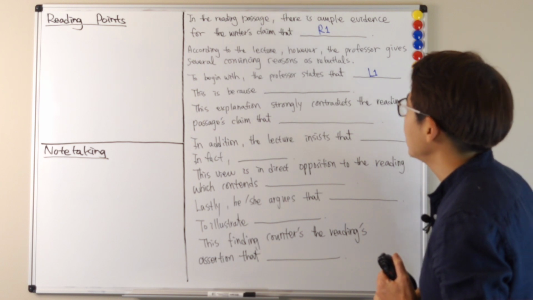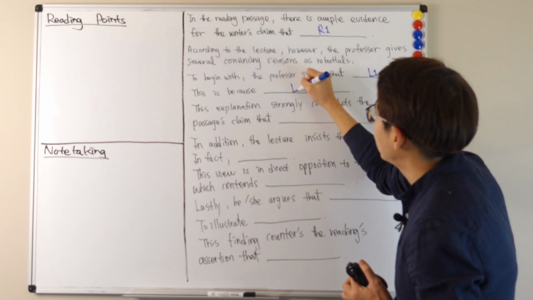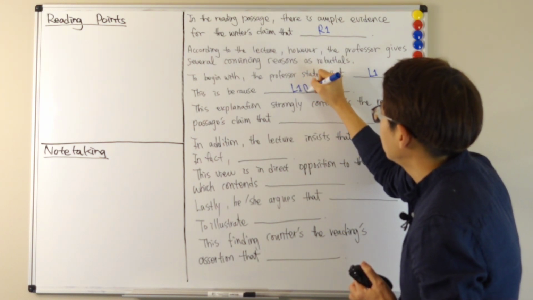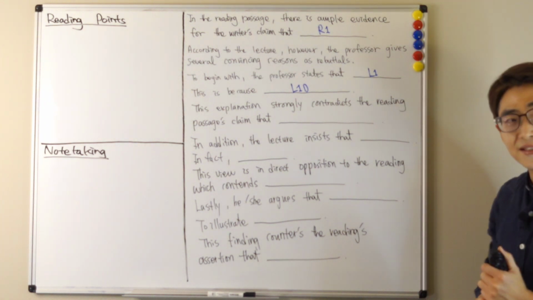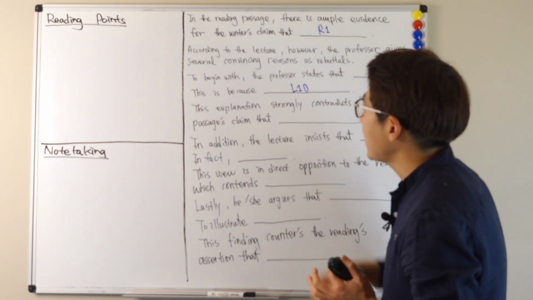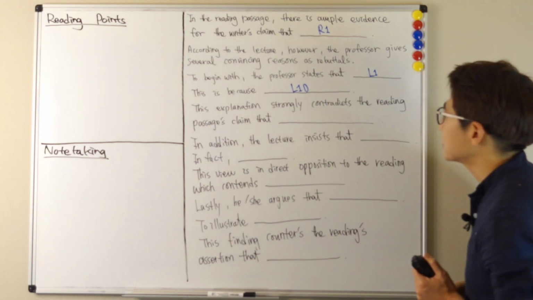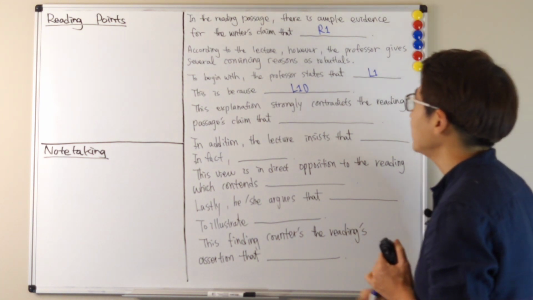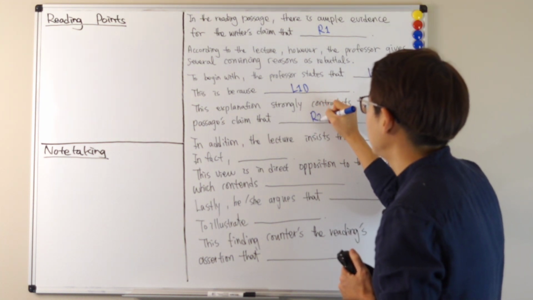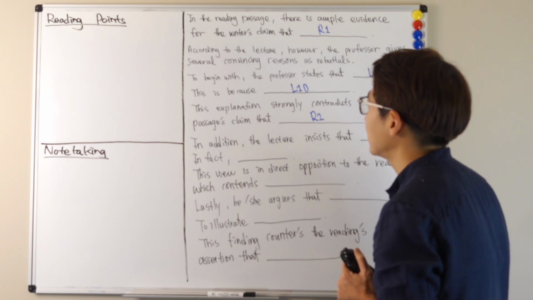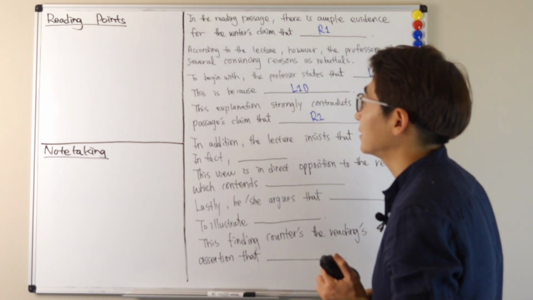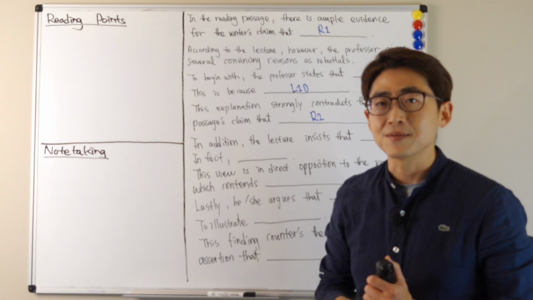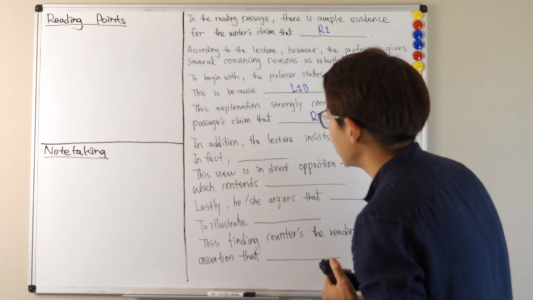And this is because, and we do L1D. And here, this explanation strongly contradicts the reading claim that here we put R2. Now, we have covered already 2 paragraphs of our essay. Let's move on.